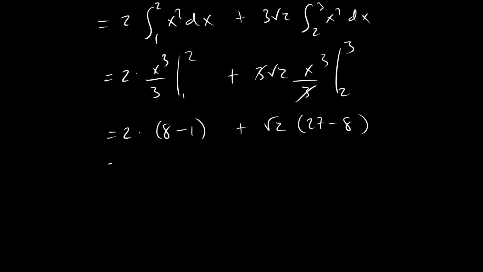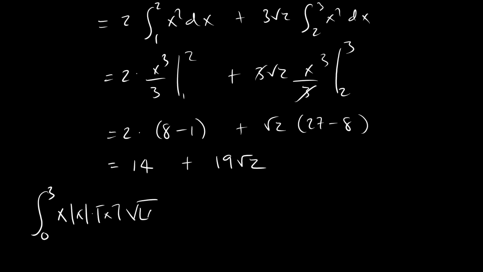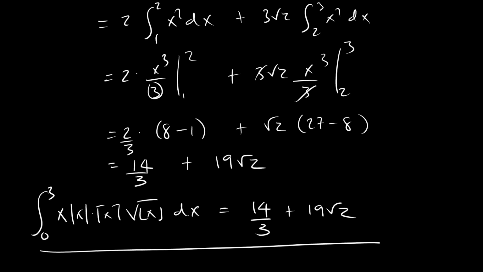So this is 14 over 3 plus 19 root 2. So the integral from 0 to 3 of x times the absolute value of x times the ceiling of x times the square root of the floor of x is equal to 14 over 3 plus 19 root 2. Sorry, we forgot the 3 there. That's the answer.